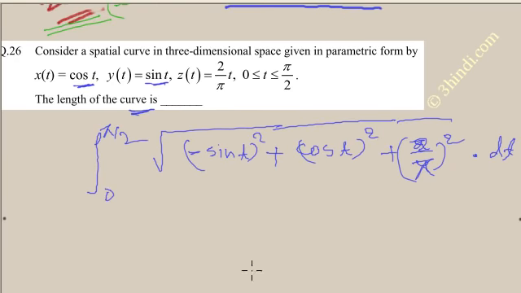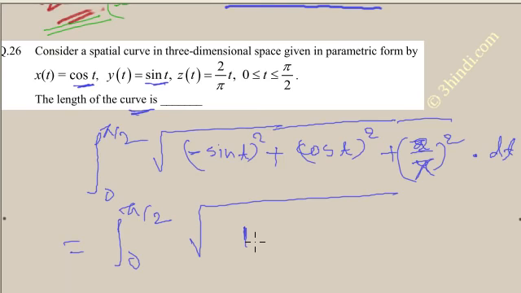If you solve this, it is the integral from 0 to pi by 2 of root over sin square t plus cos square t, which is 1, plus 4 by pi square, dt.